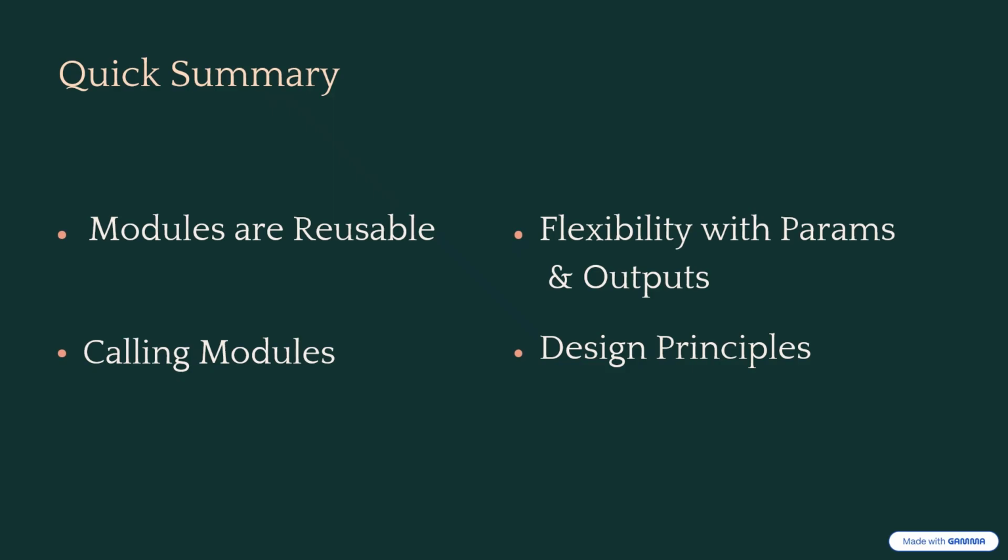This is how Bicep modules play a key role in reusability. We also talked about calling modules, which helps to integrate modules into our main Bicep files using the module keyword. We also talked about design principles, how we can follow single responsibility, versioning, and keeping modules concise.